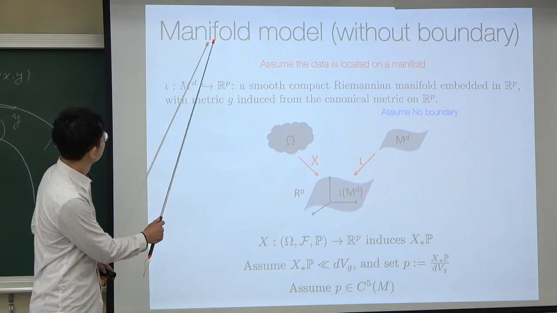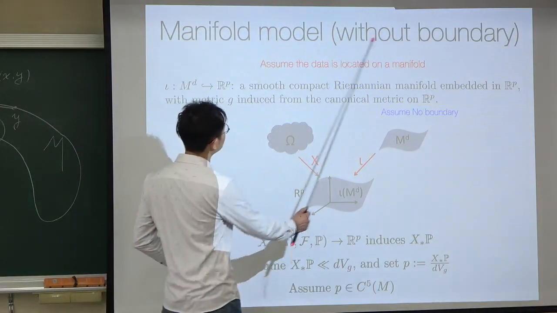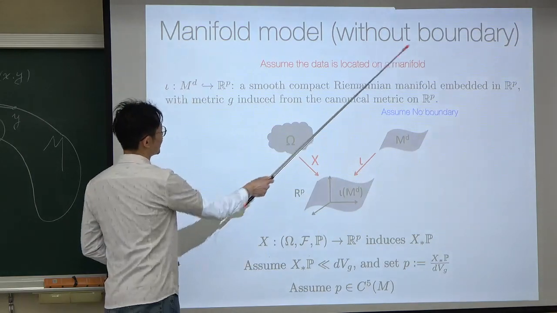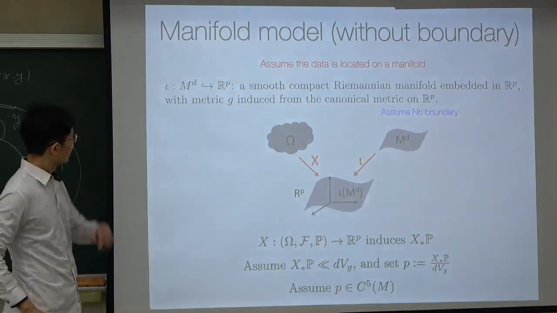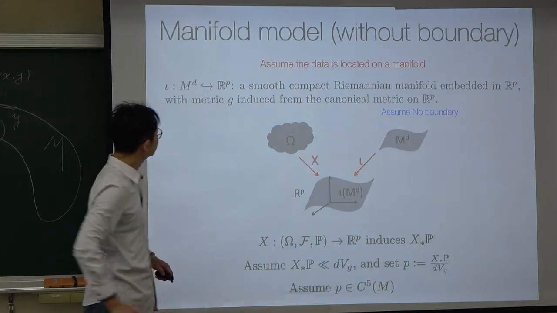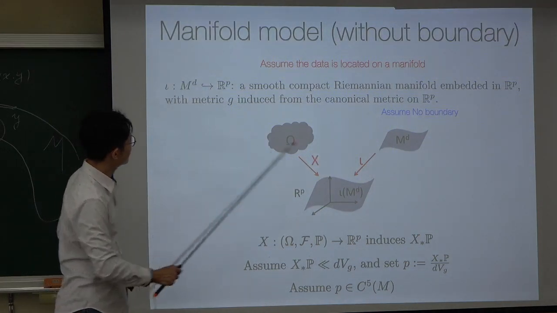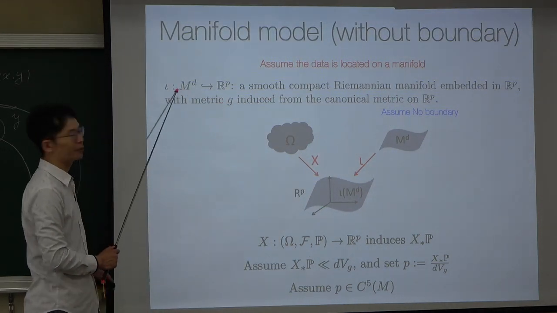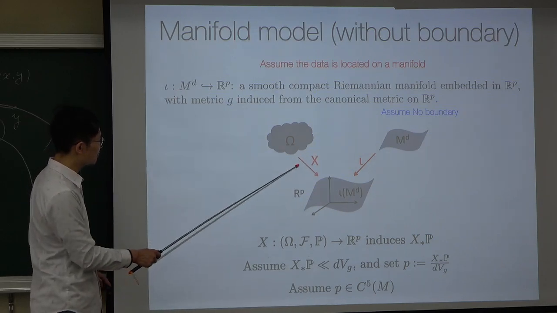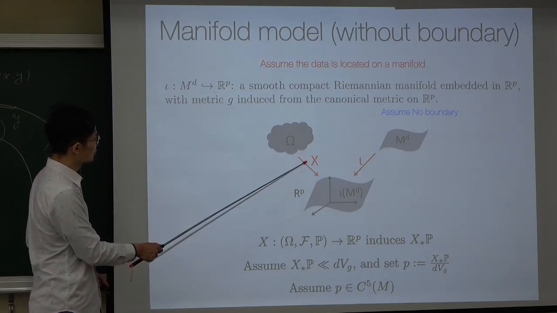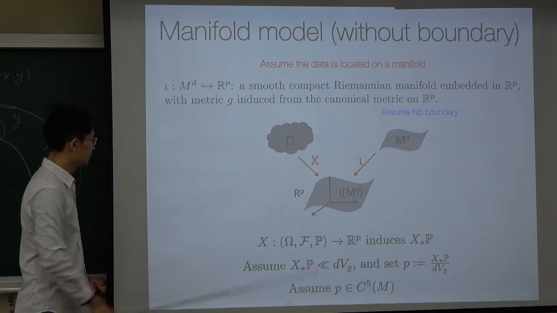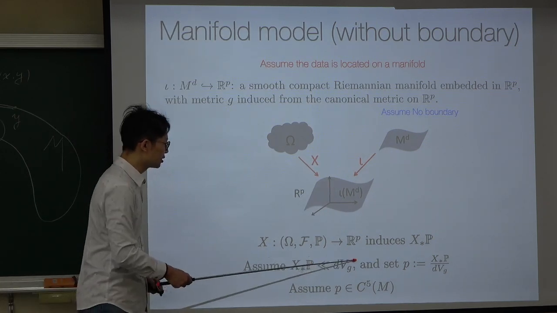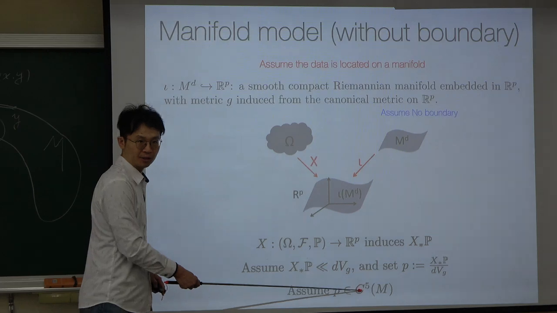So recall this is the manifold model we consider. First, we do not consider boundary, and we assume the data is located on the manifold. I will not repeat everything again, but we always assume we have a good manifold, and a random vector that samples from the manifold, and the density function has sufficient regularity.